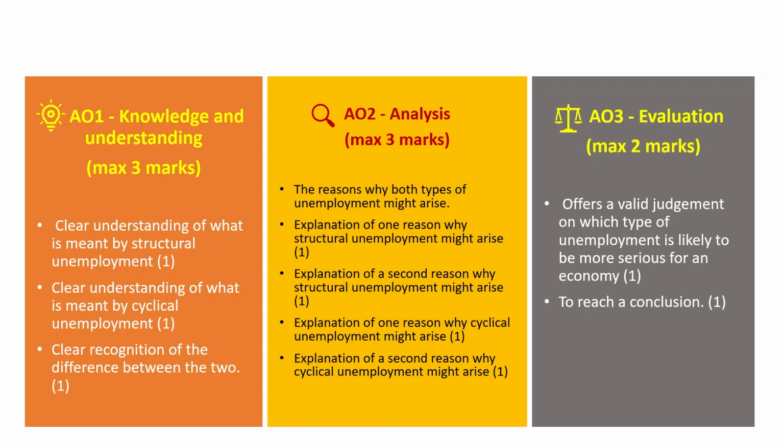So I hope this helps you to understand how each command word in the question is related to your assessment objectives as well. So looking at the command word will let you know how much to focus on AO1, AO2 or AO3. So the knowledge of both command words and your assessment objectives is important.